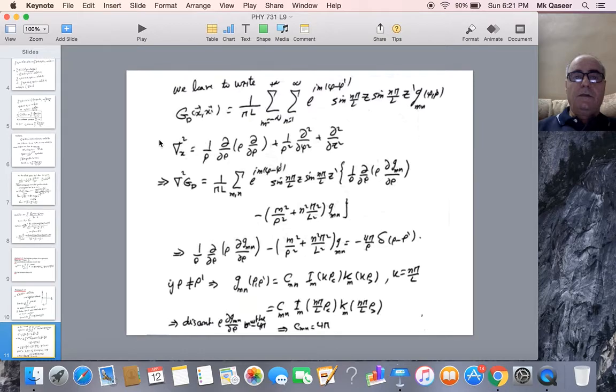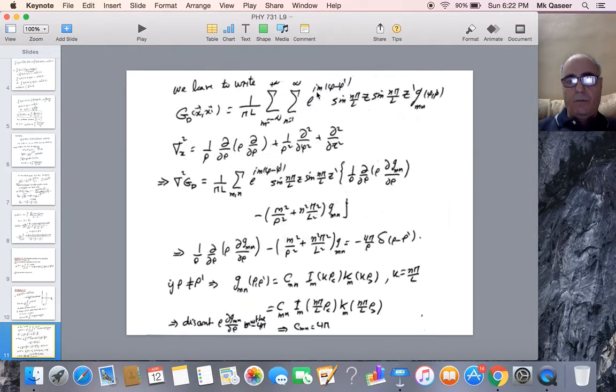We know that del squared in cylindrical coordinates is given by this expression. So operating with this on G_D, we get this expression: 1 over ρ, this derivative acts on the ρ part because there is no z or φ part in this term, and the rest gives you the second derivative.